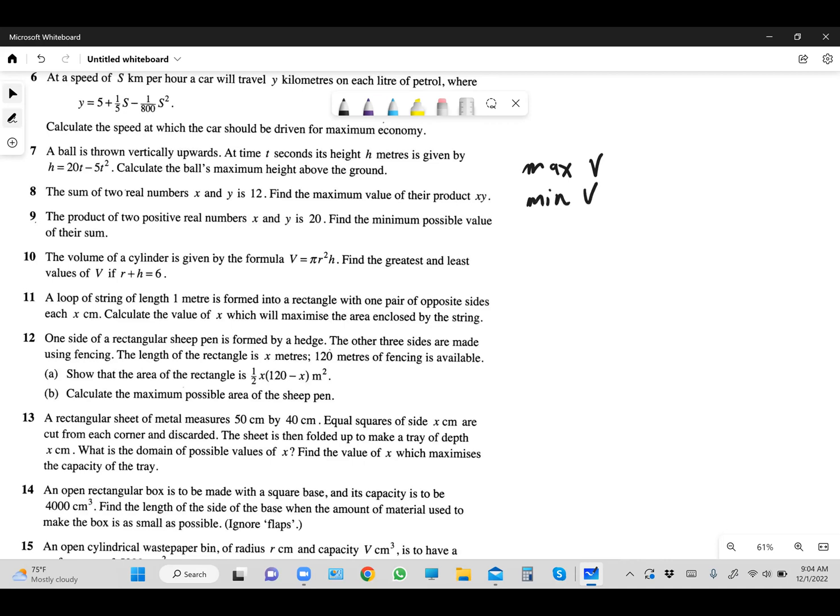And they give you a restriction. The restriction is that the radius plus the height must equal 6. And then they want the formula for volume of a cylinder. The formula for the volume of a cylinder is volume equals pi r squared times the height.